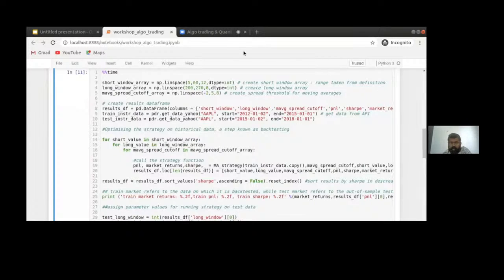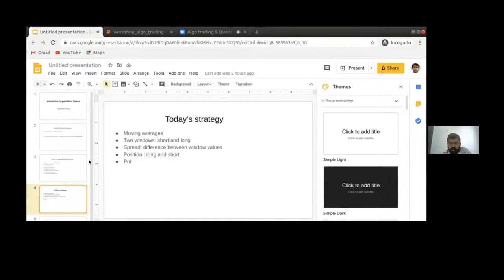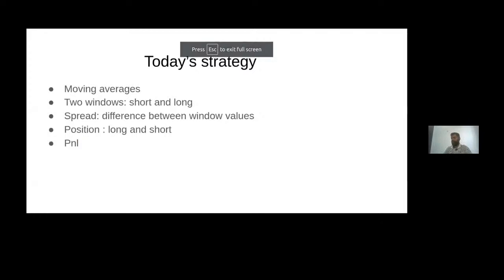Today's strategy, yes. So basically, the idea was to work at the depth level. I had two indicators. One was a short window indicator, the other one was a longer window indicator.